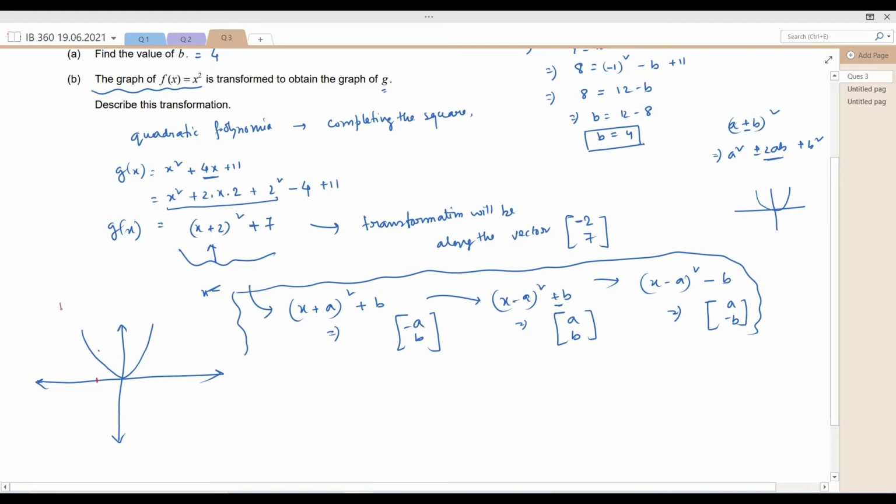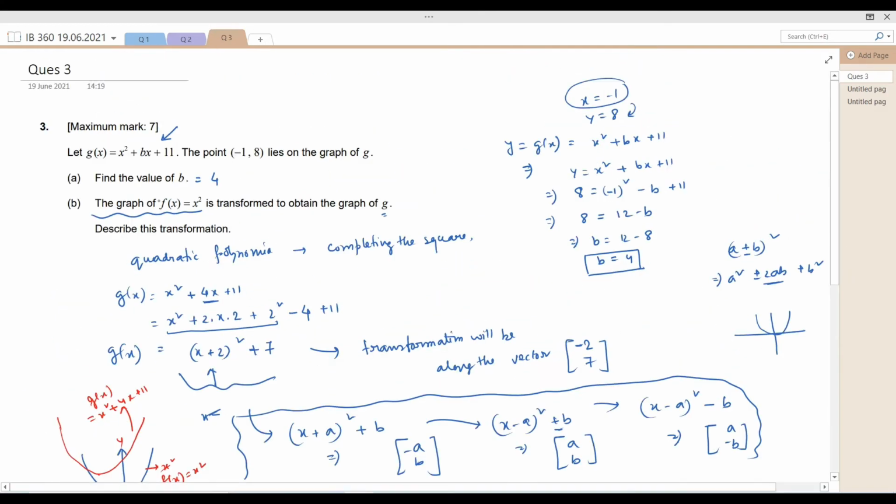So now the graph is this. So this was the graph of f(x) equals x square, and this graph is g(x) equals x square plus 4x plus 11. In this way, this is your x-axis, this is y-axis, and this is the origin (0, 0). So this is about the graph question.